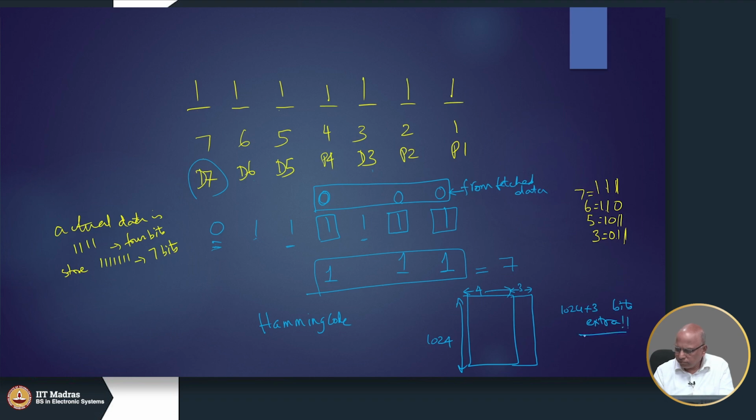That is overhead. Okay. In general, suppose there are n bits, and let us say we have to add m parity bits. How many parity bits do we need, right?